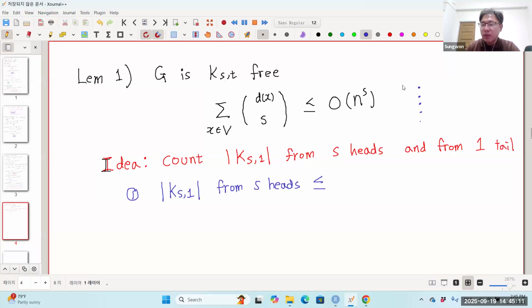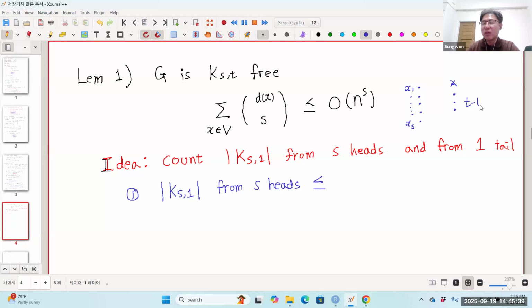If you have x1 through xs, then the maximum number of neighbors of this S head will be T minus 1. Because if they have T neighbors, then that will be a K_S,T, and that will be a complete bipartite graph, and you cannot have that.